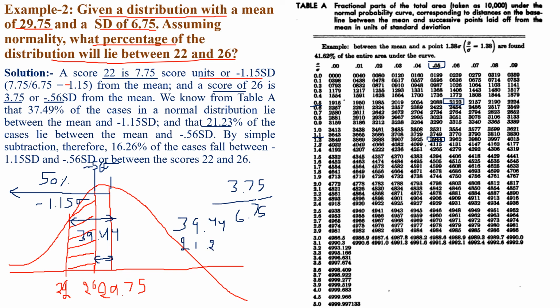Now we simply subtract the values and we find that there are 16.26% individuals between the scores 22 and 26. So we can say that approximately 16% of individuals fall in the score range between 22 and 26. This is the first application of the normal distribution curve.